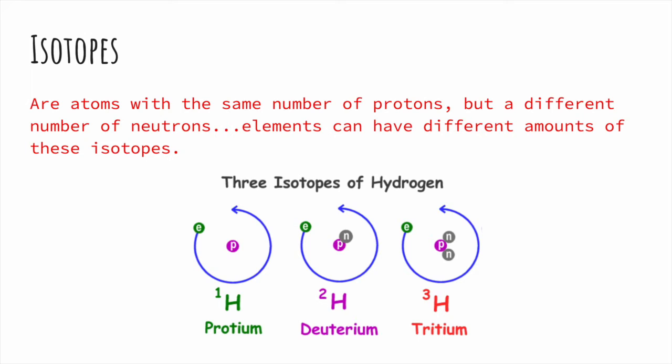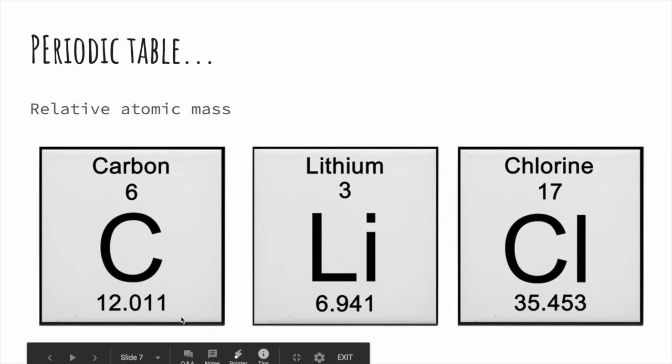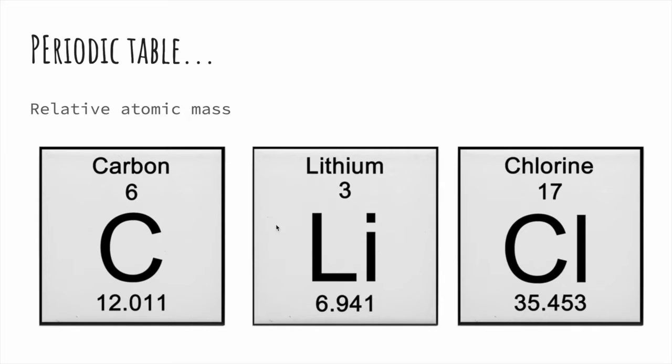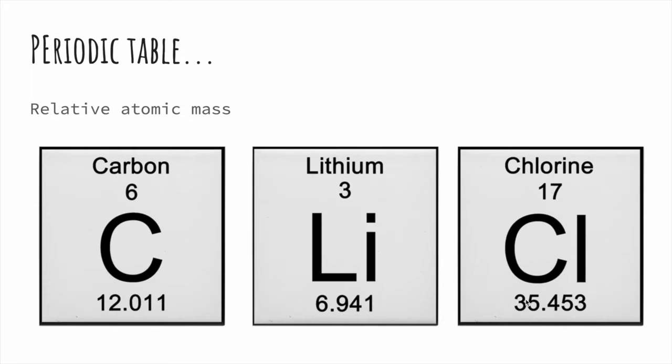Okay, so isotopes then, they link to what we think of as relative atomic mass, which is the bigger number on the periodic table. Okay, it's this number along the bottom, and we call it relative atomic mass because each one of these numbers is relative to 1/12 of carbon-12, which is a particular isotope of carbon.